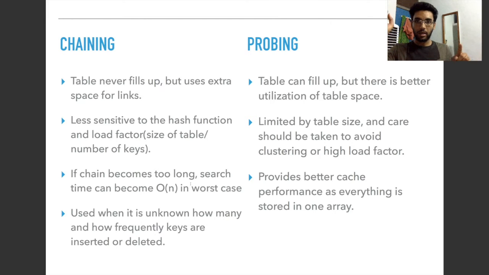All the elements can be inserted at the same cell, and any lookup can take as much as order n time. Chaining is used when it is not known how many or how frequently keys are going to be inserted. Probing, however, provides better cache performance as everything is stored in simply one array.